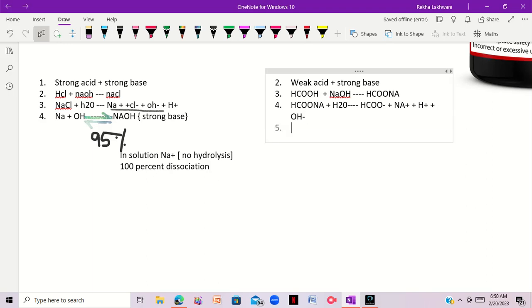So these are the ions we'll get when we dissolve this sodium formate into water. Now this sodium formate will basically... okay, now we have Na positive ions and HOH.